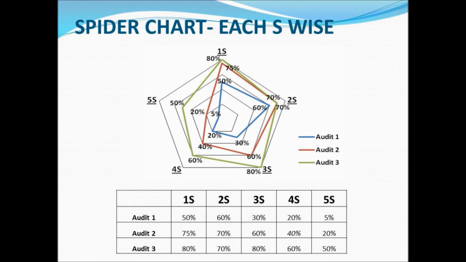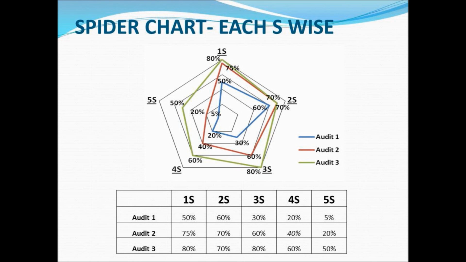So here the 1S arm can be seen, the initial audit which is 50%, and the 2S score is 60%. Then the 3S score is 30%. For the first audit, the 4S score is 20%, and the 5S score is 5%.